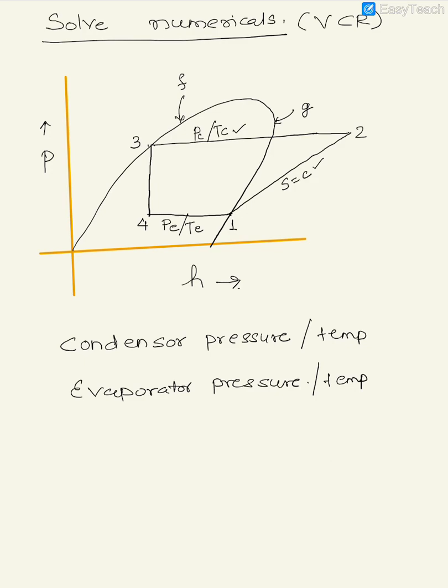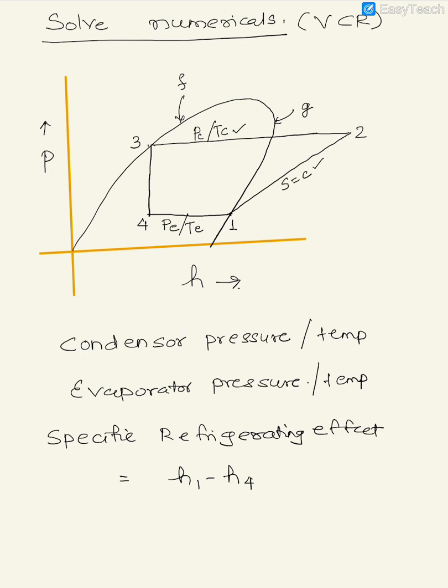Now, how do you extract the properties? Suppose you are asked to find the specific refrigerating effect. What is specific refrigerating effect? It means you need to calculate the enthalpy difference between 1 and 4, so H1 minus H4.